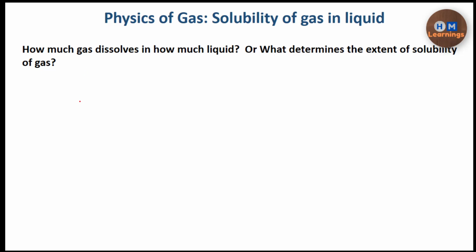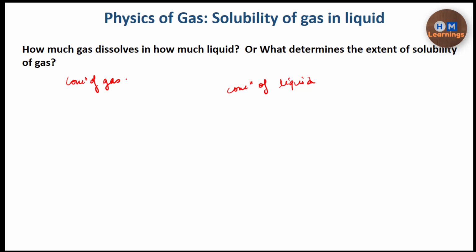So for that, there is something called concentration of gas and there is something called concentration of liquid, because you are exposing two different compounds. So definitely what amount is going to dissolve in what amount will depend upon the existing amount of these two compounds.